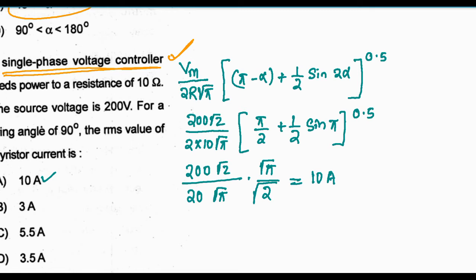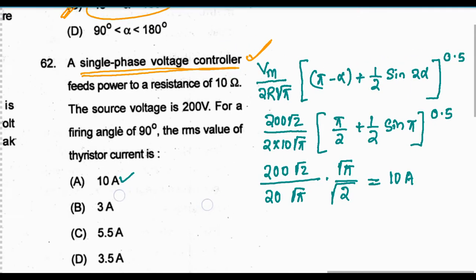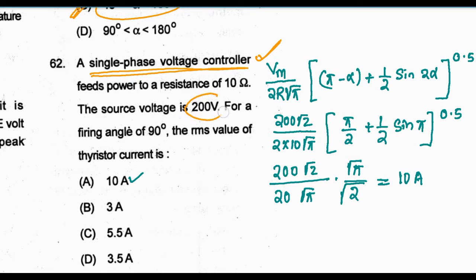What is the formula? Vm by 2 root pi, into the square root of pi minus alpha plus half sine 2 alpha. If we put in the values, the given 200 volt is always the RMS value. So here we have to put Vm, that is the maximum value, and since this is sinusoidal, it is root 2 into the RMS value.